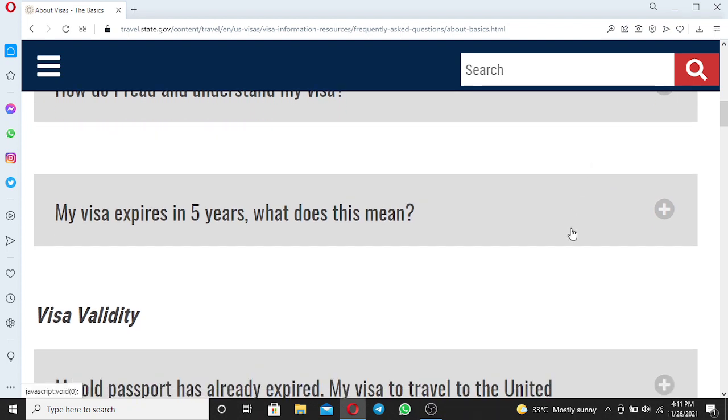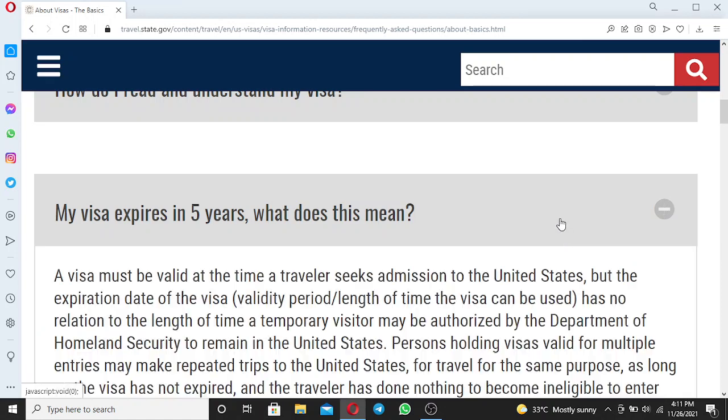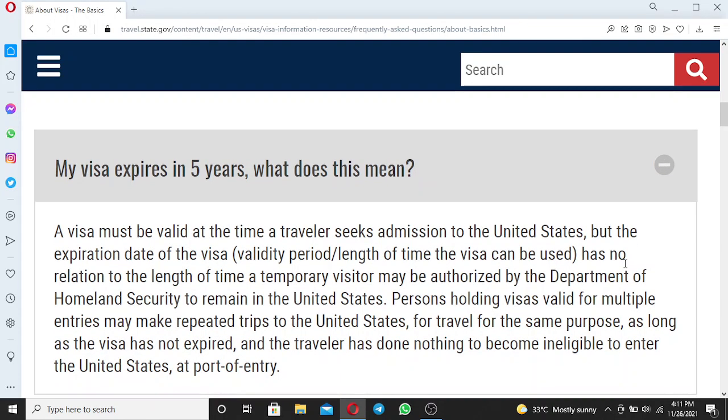Let's check another thing: my visa expires in 5 years. What does this mean? A visa must be valid at the time a traveler seeks admission to the United States. But the expiration date of the visa, I mean the validity period or the length of time the visa can be used, has no relation to the length of time a temporary visitor may be authorized by the Department of Homeland Security to remain in the United States.